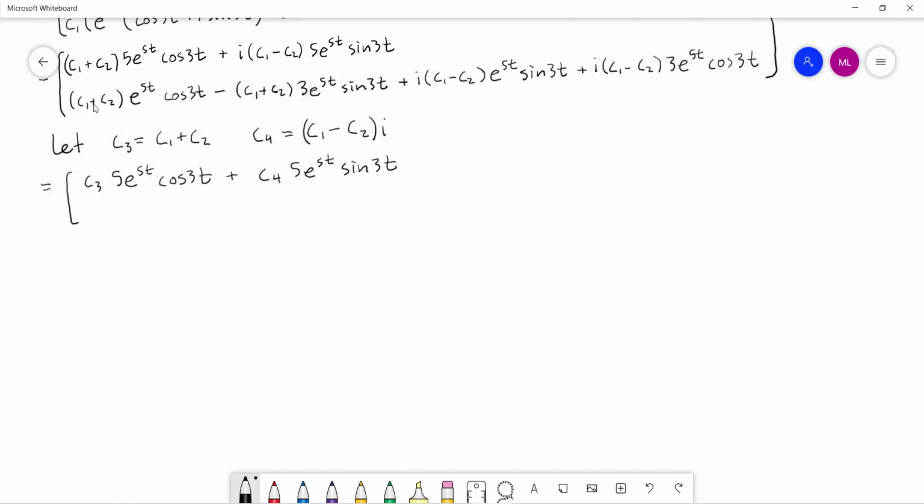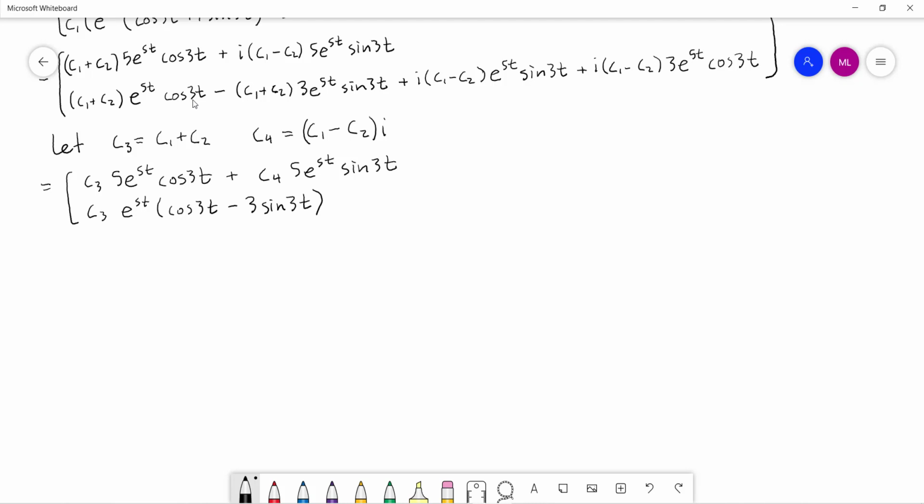And then on the bottom, I've got this whole mess. We're going to get C3. Where does C3 show up? That's this one. It shows up here and here. So it's going to be e to the 5t cosine of 3t minus 3 sine of 3t.